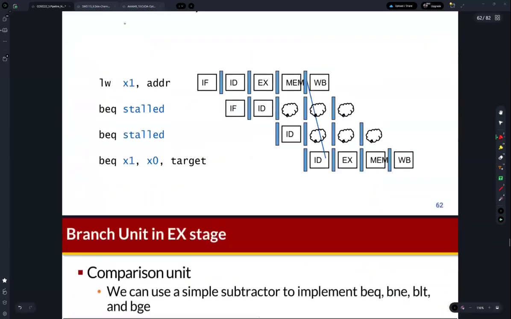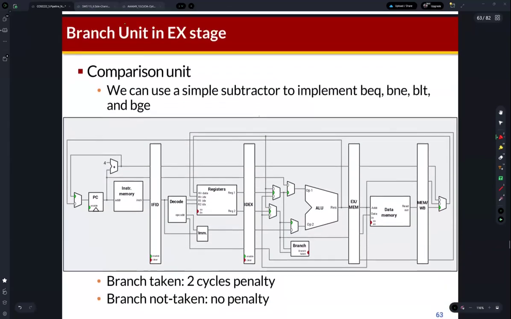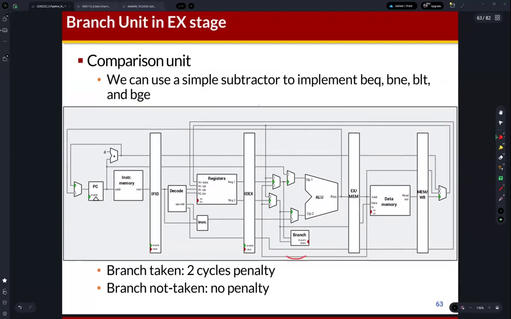So instead of this approach, we can make a dedicated branch unit. You can find the 5-stage pipeline architecture here, and the branch unit is here. Okay.